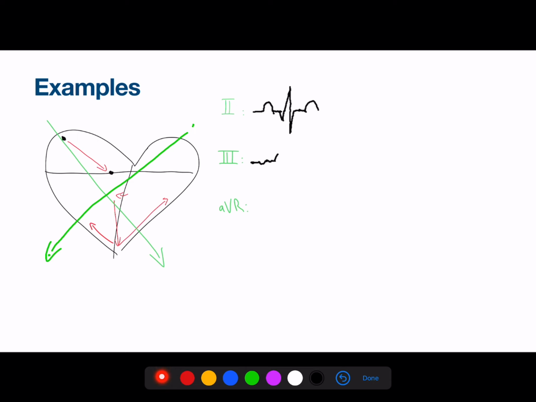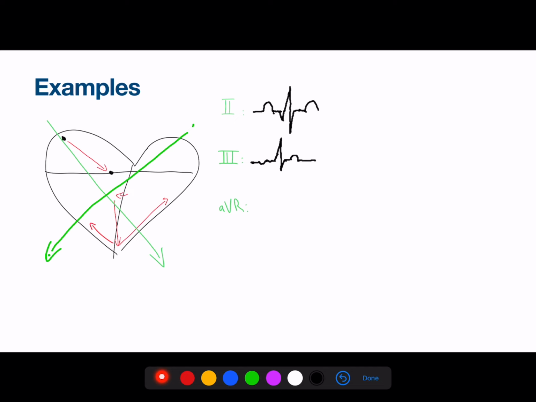So we have a positive upstroke and some negative going towards the right. So we have a negative as well. Then the repolarization, again in this direction, might also be a little bit positive. So we say here's a little positive wave.